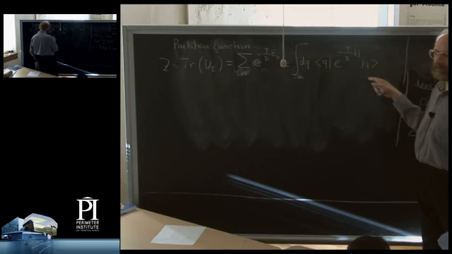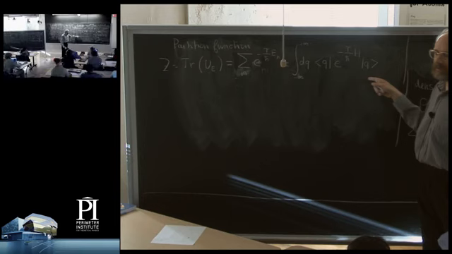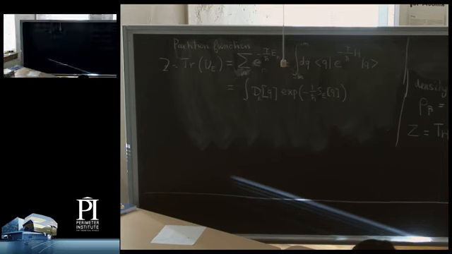a path integral over all possible paths in Euclidean time, dE of Q, the same exponential of minus one over H bar SE of Q, same probability weight associated with each trajectory.